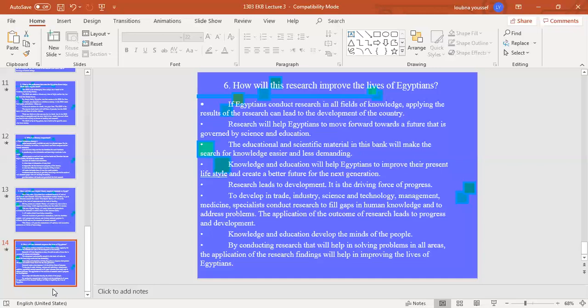So for example, if you're a lawyer, if you're an agricultural engineer, if you are a journalist, how will the Egyptian Knowledge Bank be of service to you?